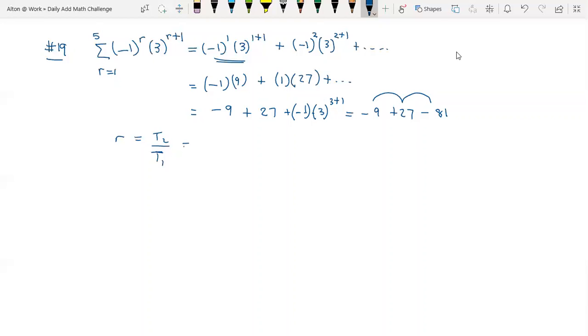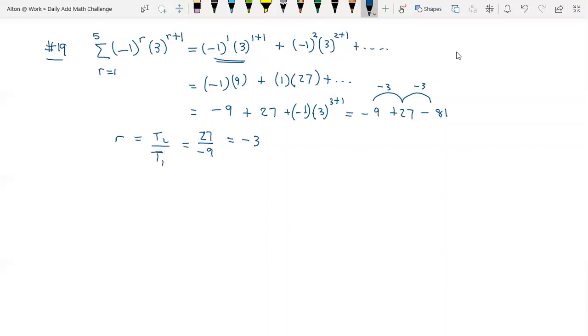We take the second term, 27, and divide it by the first term, minus 9, and the common ratio would be minus 3. Let's test it. Minus 9 multiplied by minus 3 gives us plus 27. Plus 27 multiplied by minus 3 gives us minus 81, and so on.